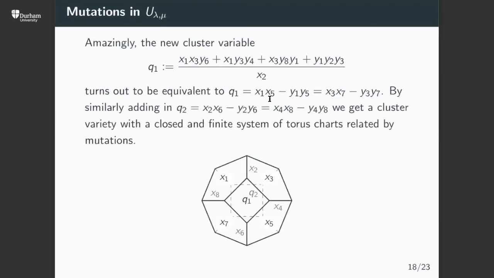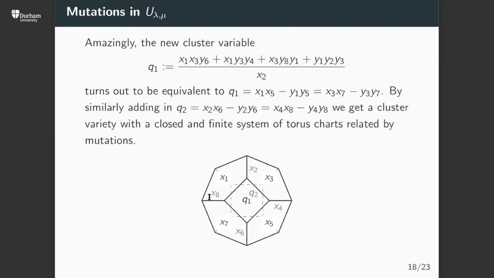And so if I also add in a q2, which is given by the rotation of q1, then I get a system now of 10 coordinates in this cluster threefold, and so I get this nice system of torus charts. So it turns out that this system of cluster variables is closed under mutation.